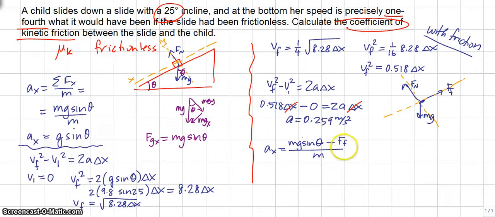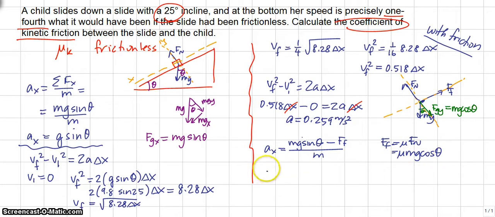The force of friction is mu times the normal force, and the normal force is opposite the y component of gravity, which is adjacent to my angle, so that's going to be mg cosine theta. So the force of friction is mu mg cosine of theta.